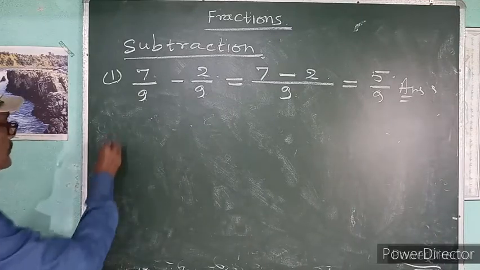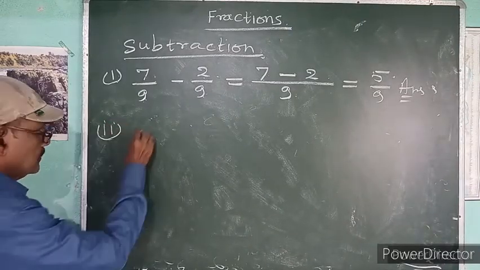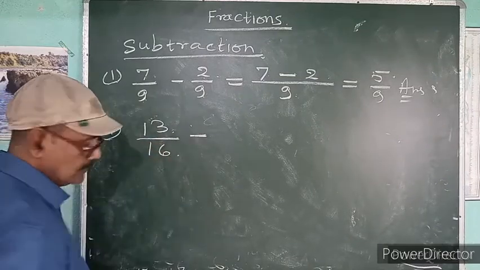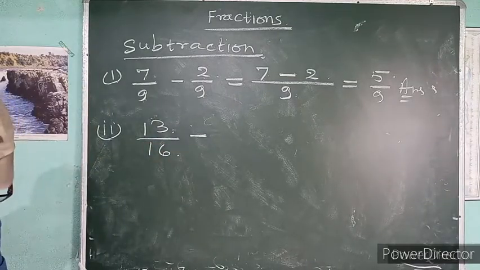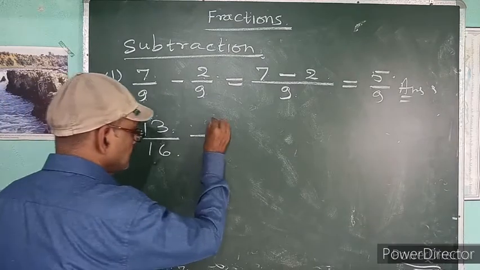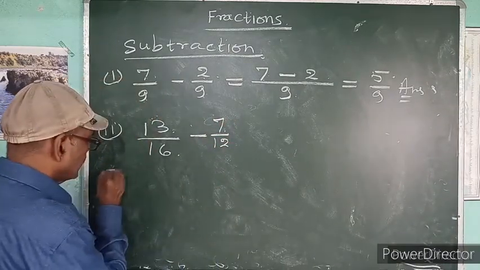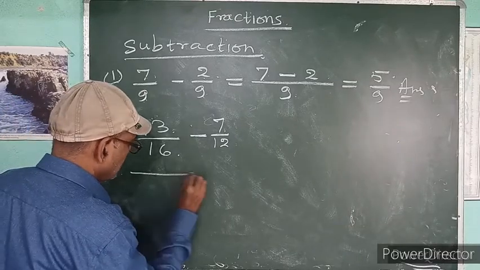Next type of problem is like this: 13 by 16 minus 7 by 12. So in this case, you have to take the LCM of 16 and 12.